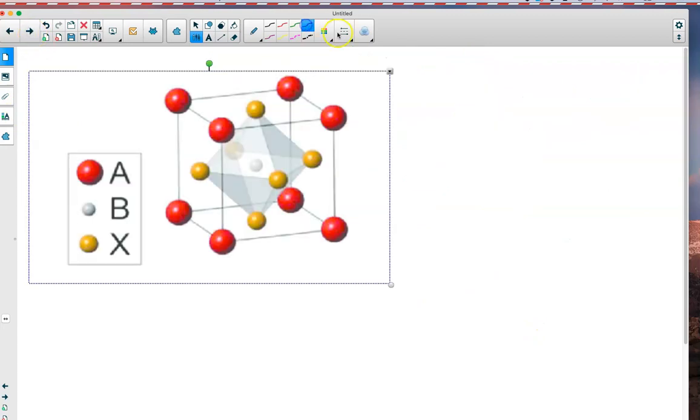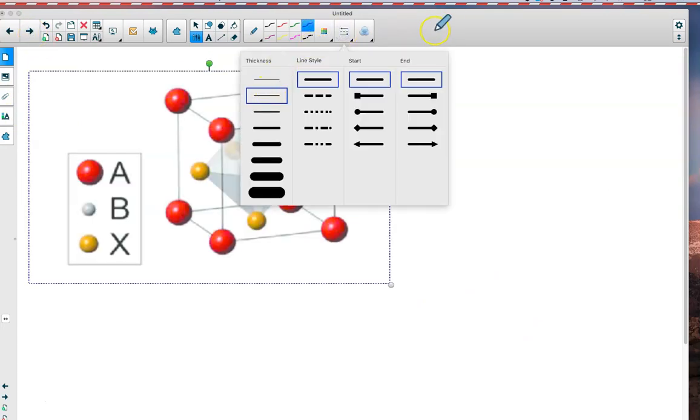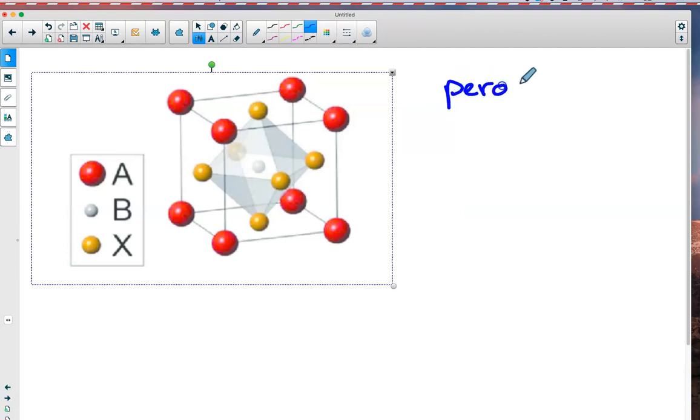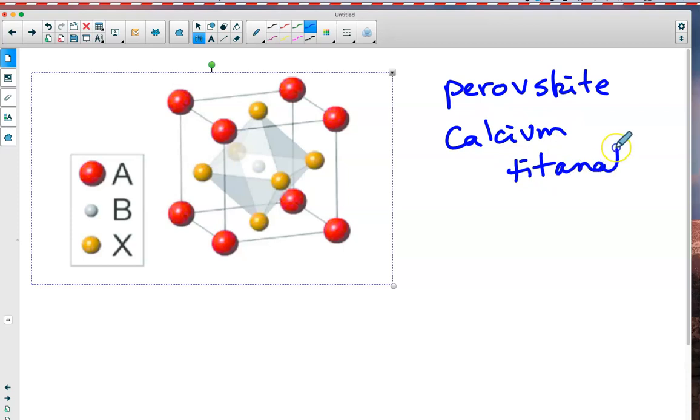Okay, so the last structure I want to show you is this one right here, and this is called a perovskite structure. This is a very common unit cell type for a lot of different minerals, including calcium titanate, which has calcium, titanium, and oxygen.